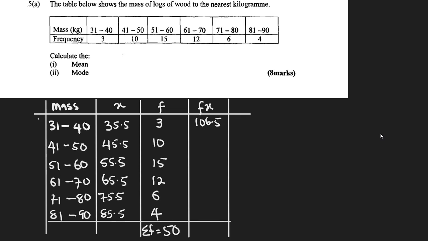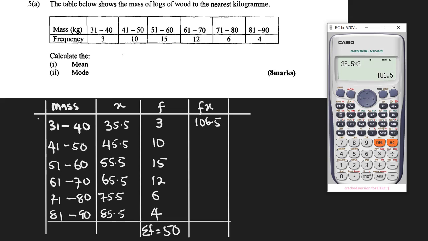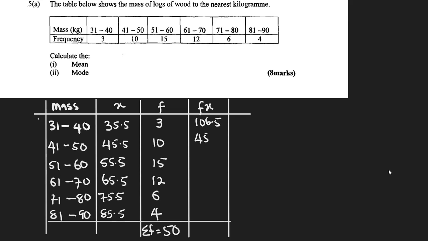This next one we will say 45.5 times 10 is 455. Next one will be 55.5 times 15.